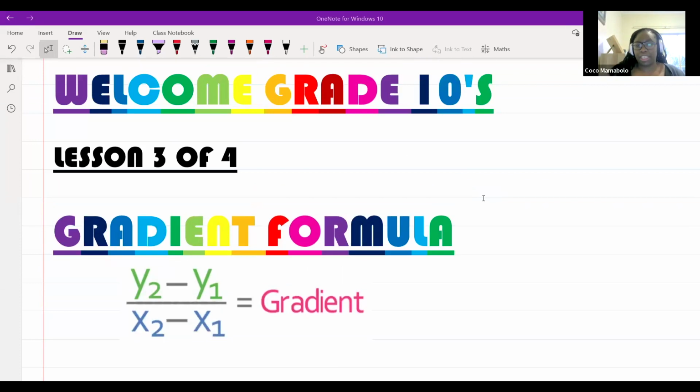I'll tell you specifically, you learned about it for the first time in grade 9. It came with a particular something on a Cartesian plane as well. Does anybody remember? Yes, it's graphs, right? It's the equation of a straight line.